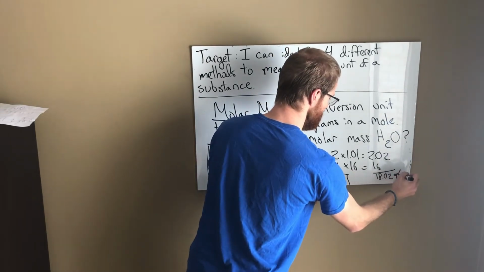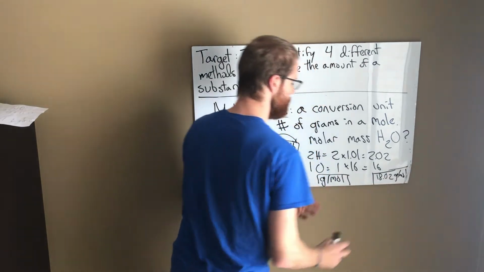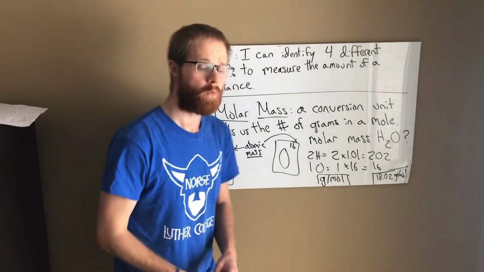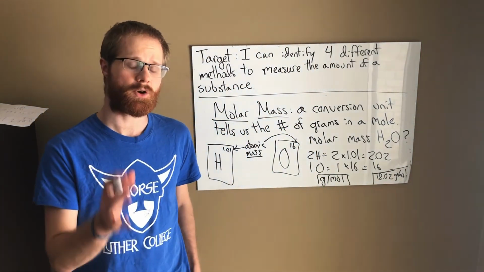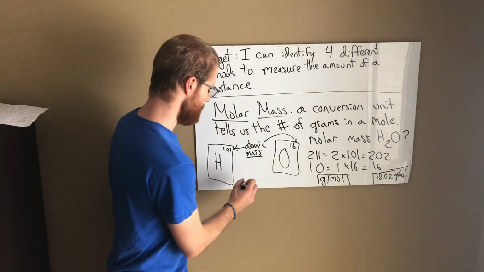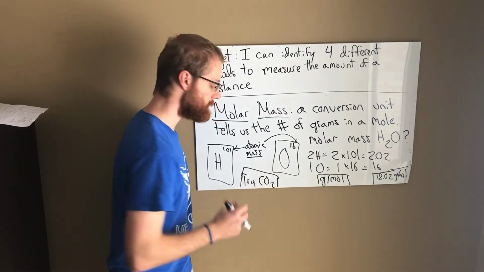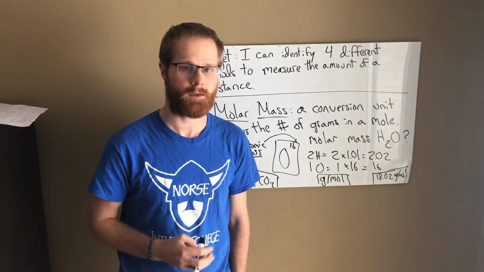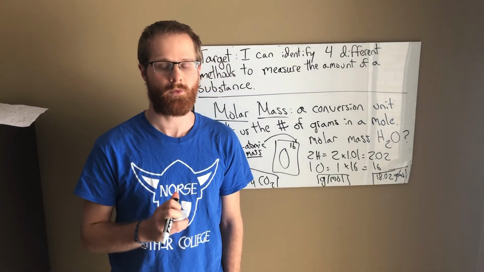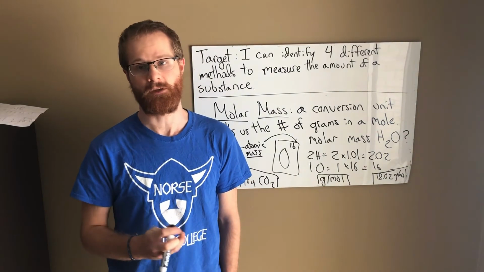Grams per mole. What I would like you guys to do is to try and calculate the molar mass of CO2. Go ahead, pause this video now, try and calculate the molar mass of CO2, and once you've done that, see if you're right.